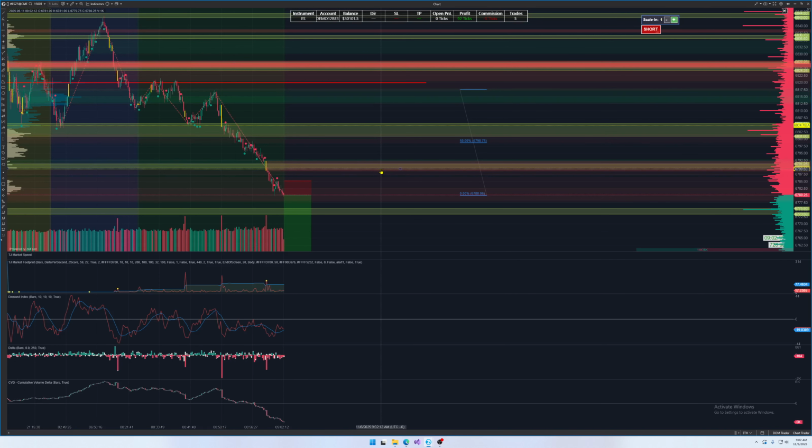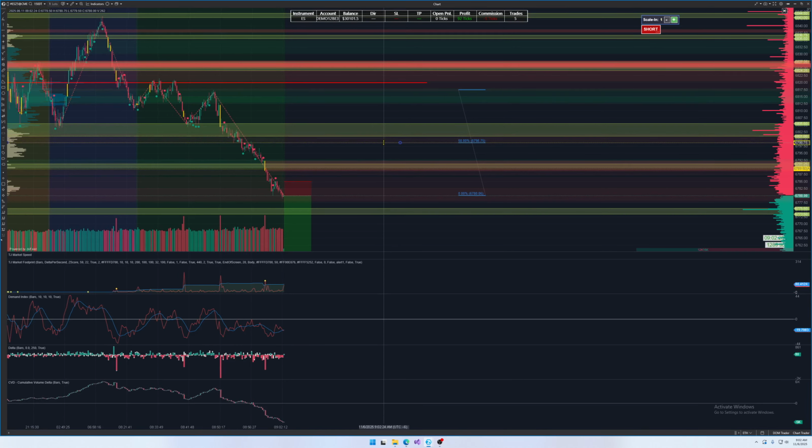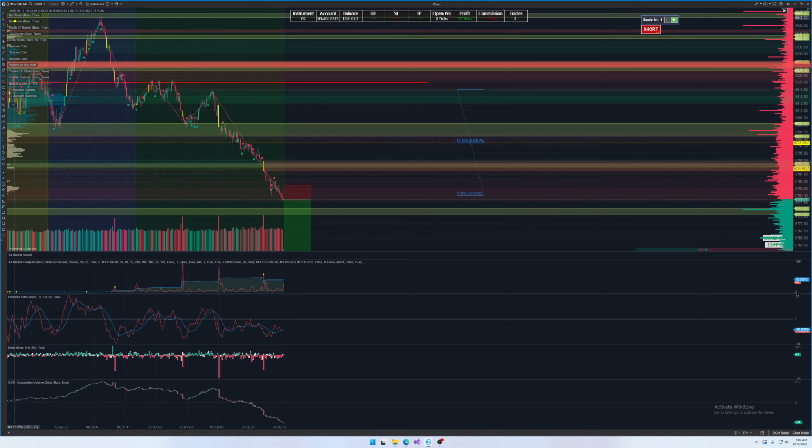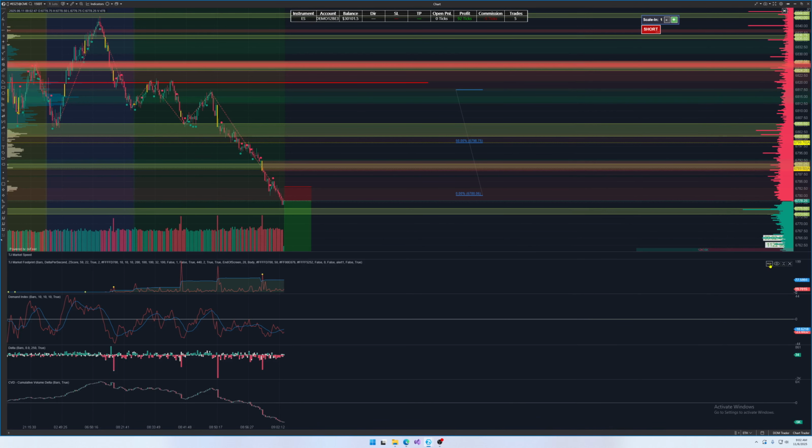Once it arrives here again, it gives me a tone, and once it arrives here at my 50%, it gives me a little tone. And until then, I'm going to try to configure my footprint indicator because it looks like it is not really doing what I want it to do.